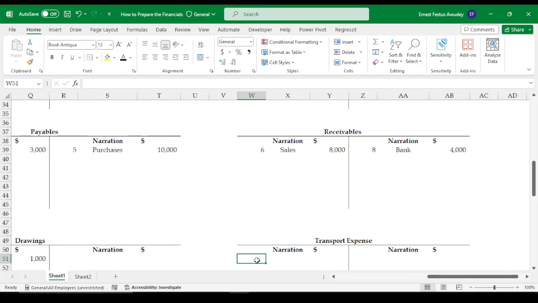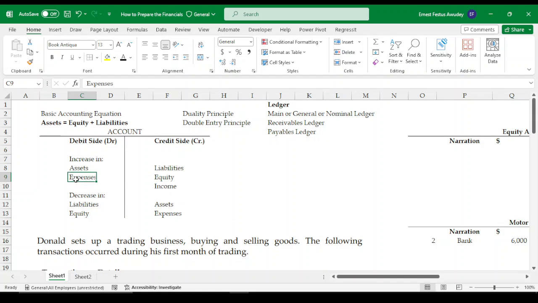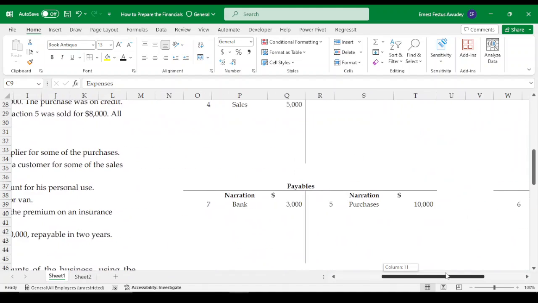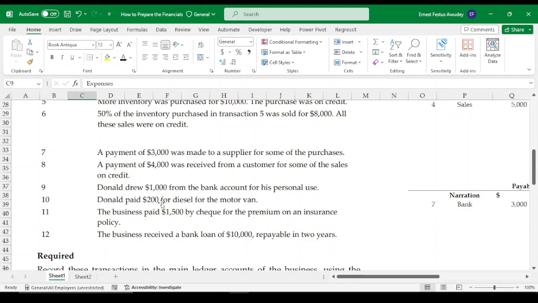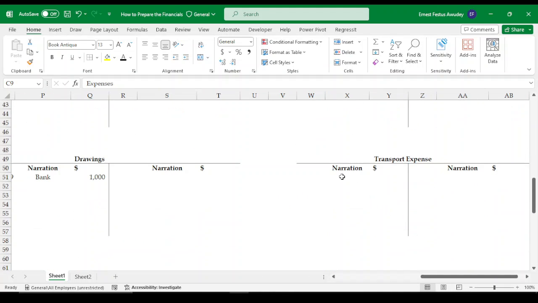Therefore, we are going to debit it, as we know from the double entry principles here. Okay, so we see an increase in expenses is on the debit side. All right, so when you come here and we are seeing that we have paid $200 for diesel, that is a transport expense, and we are going to debit it.